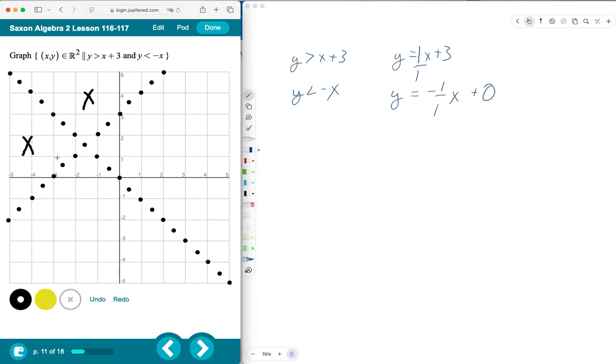So below would be here and below would be here. The place where they overlap is this section right here, so that is the section I'm going to fill in. That's enough for me to know that you picked the right section. Okay, that's how you graph those.